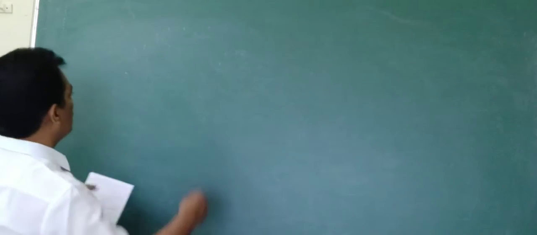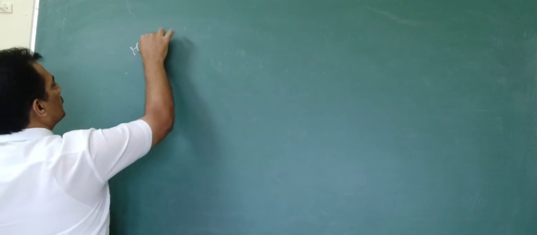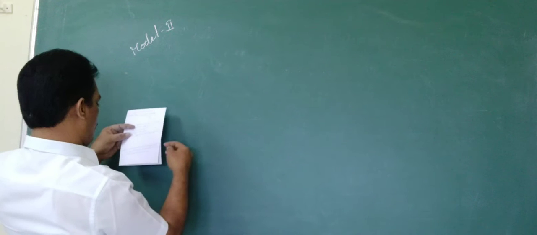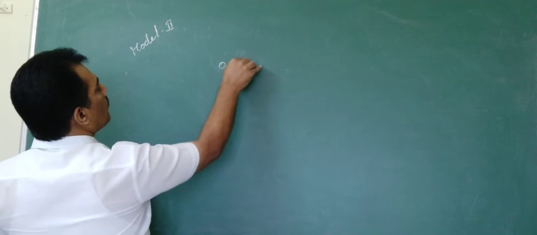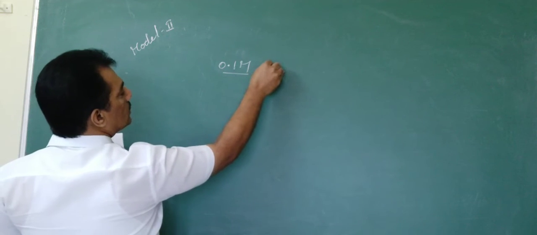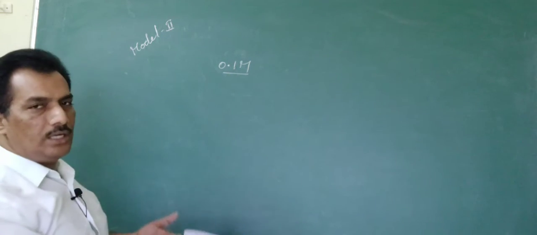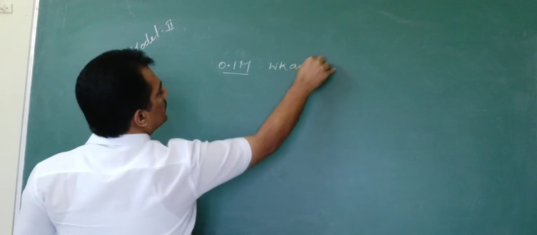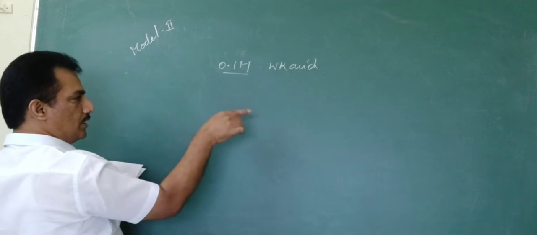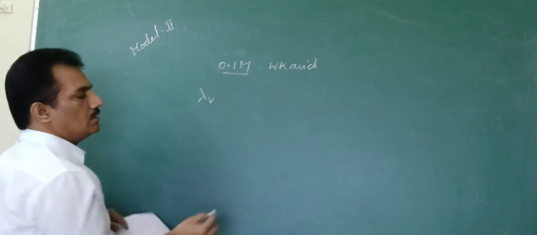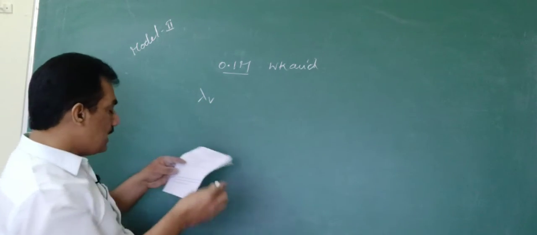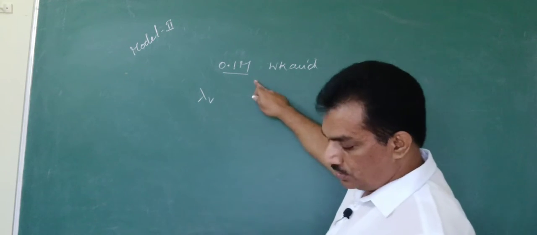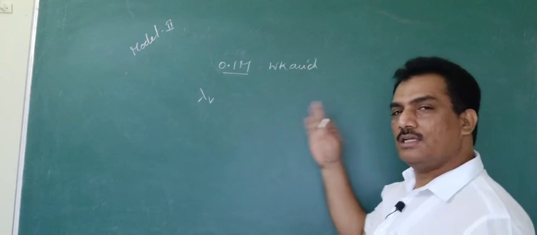Now model number 2, where the equivalent conductance of a 0.1 molar weak acid is given. When the concentration is given, it is at a certain dilution, so we can write it as lambda V. It is given as a relative quantity: lambda V of this weak electrolyte at this concentration is 100 times less than the conductance at infinite dilution.